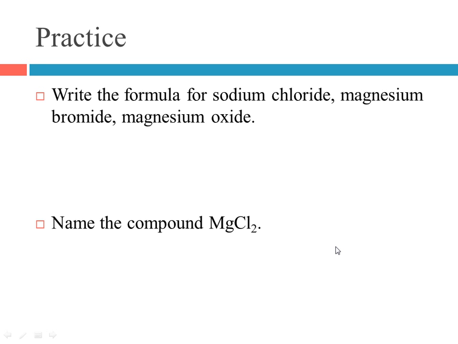Try this one more time. All right, the last one. So we've got magnesium again, so we've got Mg2+. Now we have oxide, which we know is from oxygen. So what's our oxidation state for oxygen? 2-.